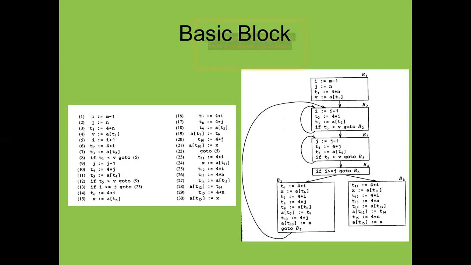After writing the complete program, you are going to divide your source code into a number of blocks like B1, B2, B3, B4, B5, B6 and so on. Why are we going to divide these into basic blocks? Because it is easy to test the program.